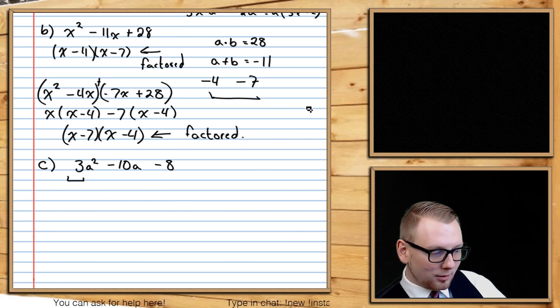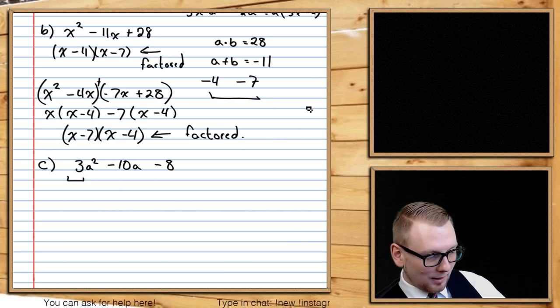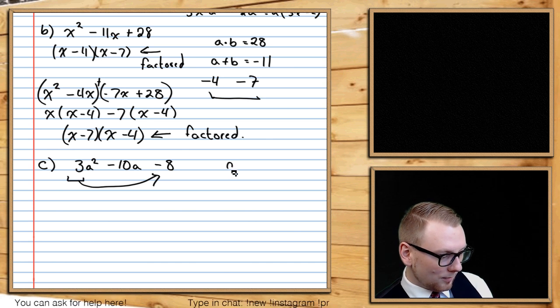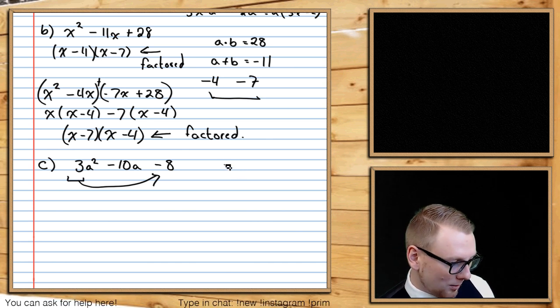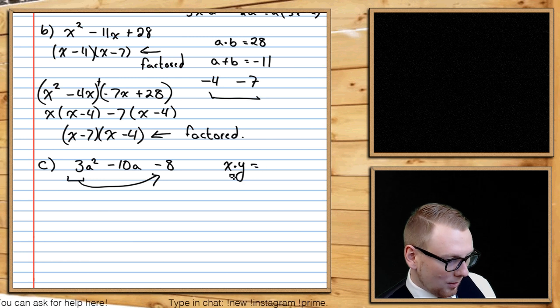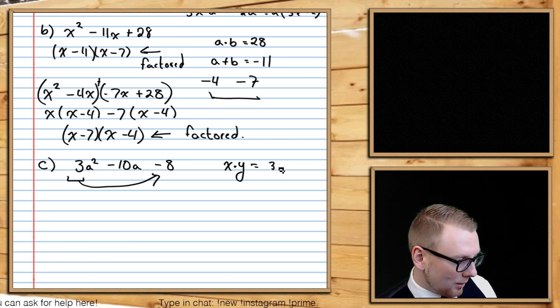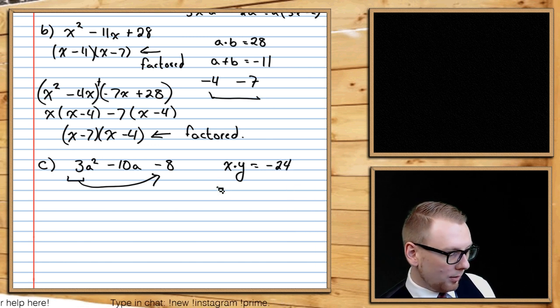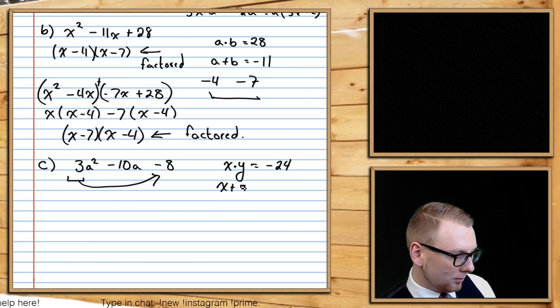So the real truth is you need 2 numbers, I'm going to call them x and y, that multiply to give you 3 times -8. I'll just write it: -24. And then you need the 2 numbers that add together to give you -10.